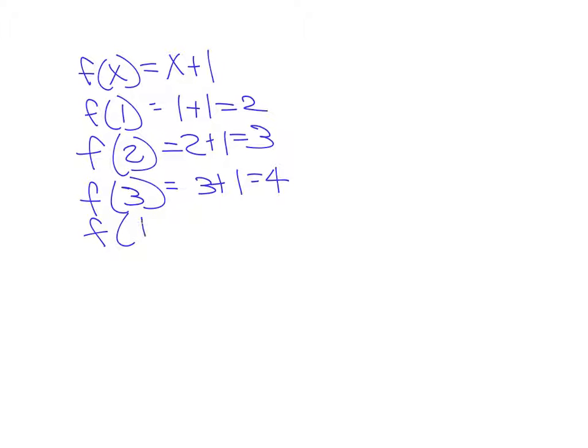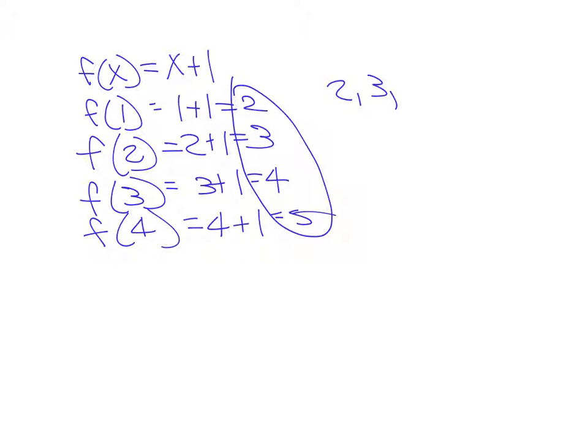And f of 4 equals 4 plus 1 equals 5. Alright, so if I were to ask you the first 4 terms of this sequence, you would give me these 4 answers right there. So the first 4 terms would be 2, 3, 4, and 5, because when I add 1 to each of these numbers, I get 2, 3, 4, and 5.